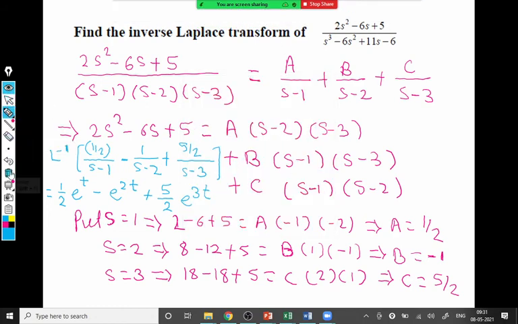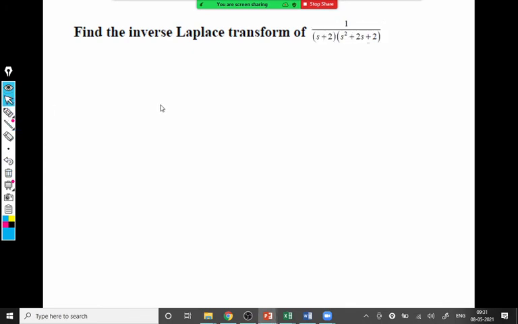So, third question on partial fraction. I want the first step from you only.